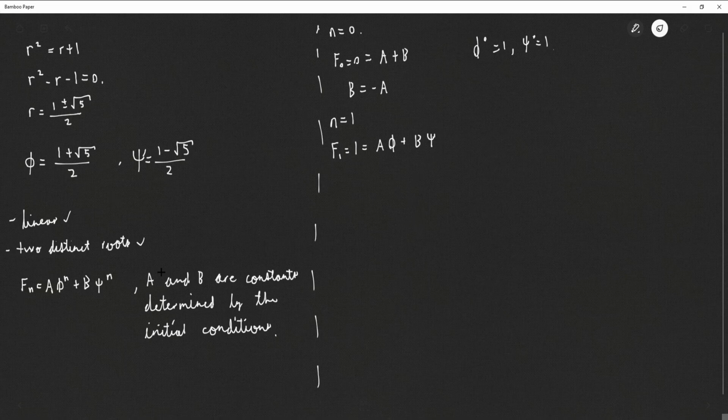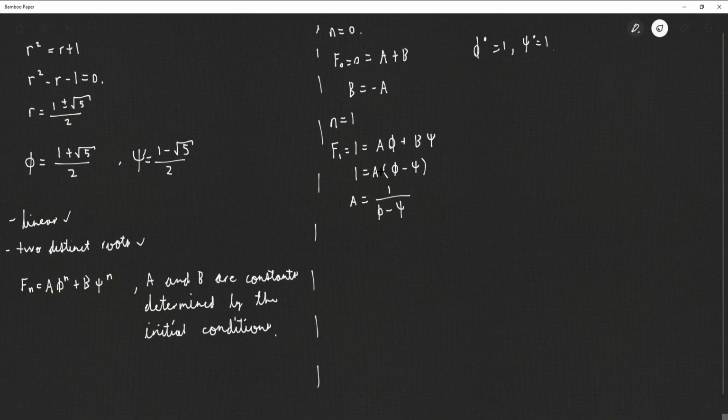And now we're going to substitute our b equaling negative a. So this gives us 1 is equal to a times phi minus psi, which gives us the formula of a being equal to 1 over phi minus psi.